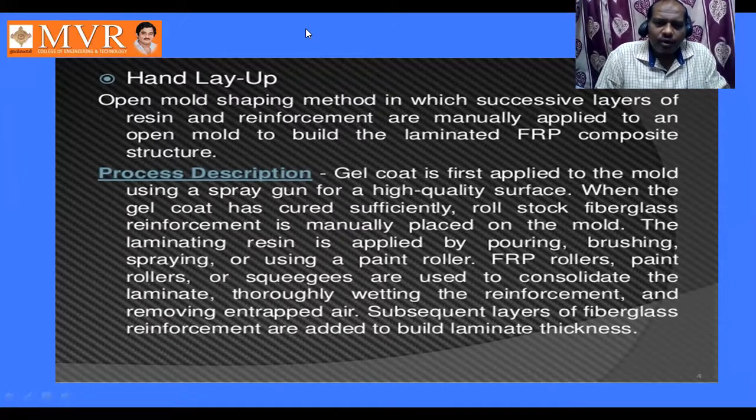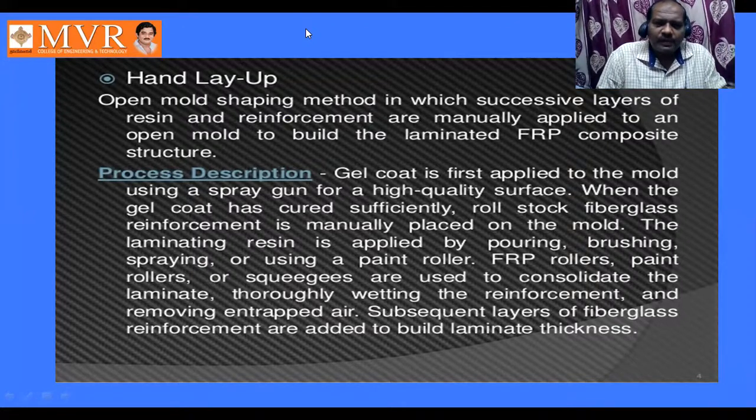Subsequently, another layer of fiberglass. After that, once again we can go for the gel coat and fiberglass reinforcement, and like this we can add in a sequence up to the thickness we want. Subsequent layers of fiberglass reinforcement are added to build laminate thickness. Step by step we are going to add.